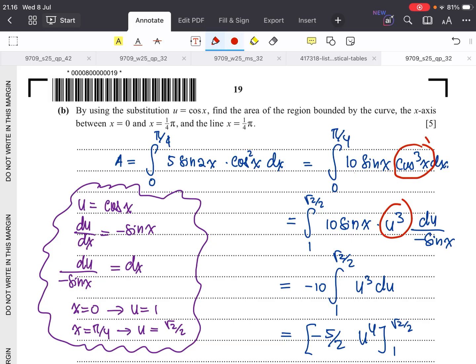So this one, cos cube x, it will be u cube. And then dx, we change it into du over minus sin x here. And then we can cancel the sin x so that the integration will be in terms of u, with respect to u.